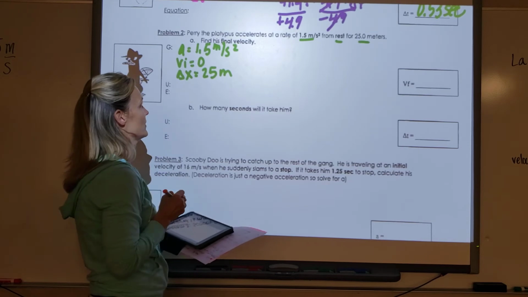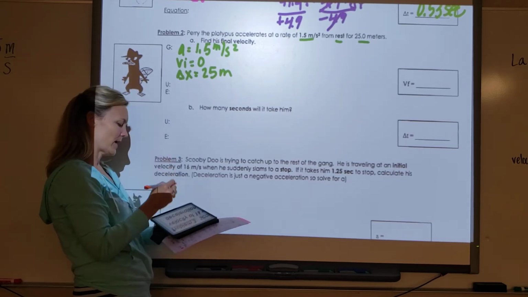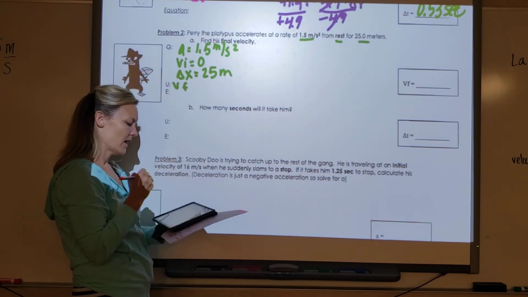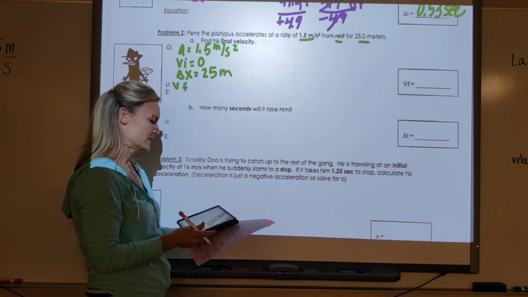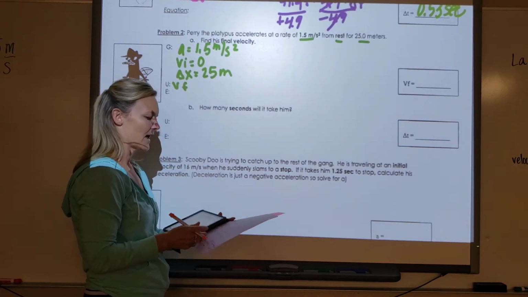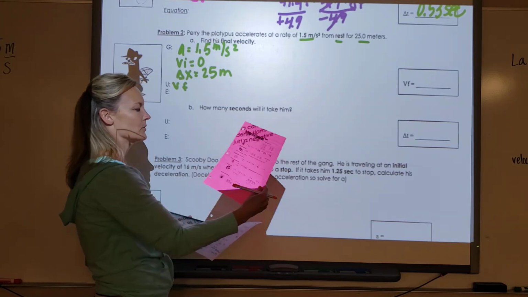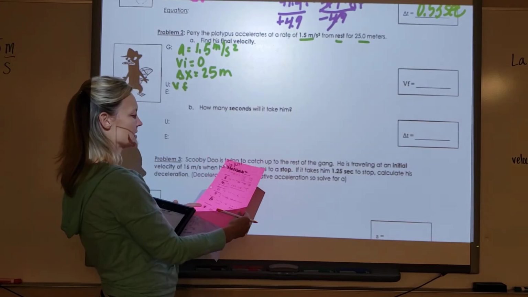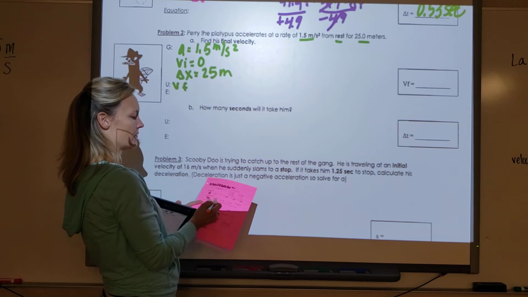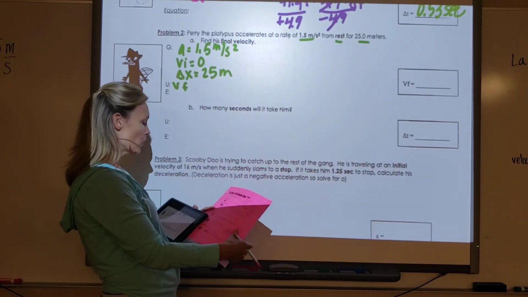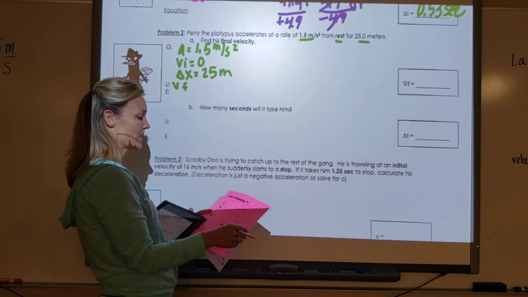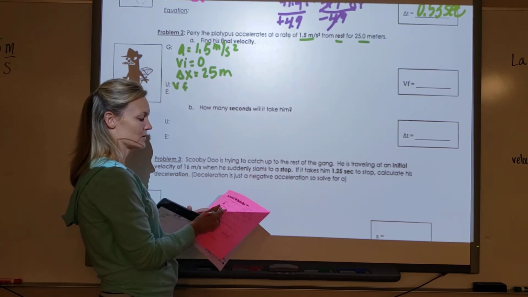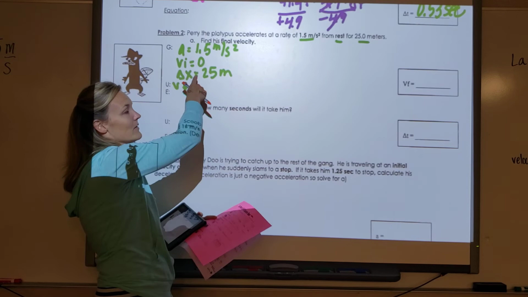I am looking for the final velocity, so my unknown is vf. And then I just have to work my way through my equations until I find one that has vf in it. As you look through your different equations, only 2 of them have vf, and one of them also needs t. So that a equals vf minus vi over delta t, that first equation, I don't have a time.